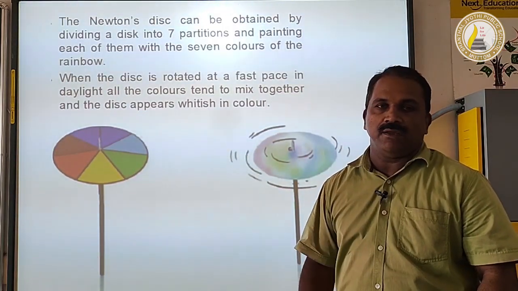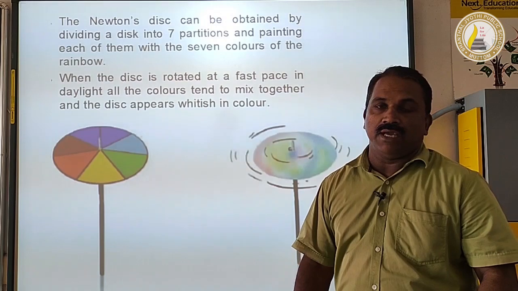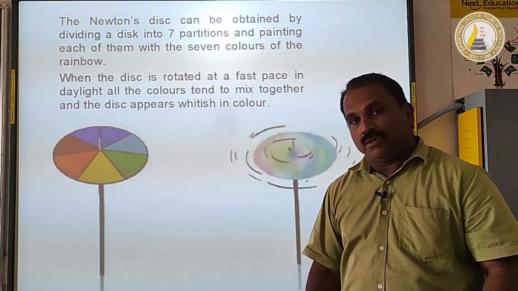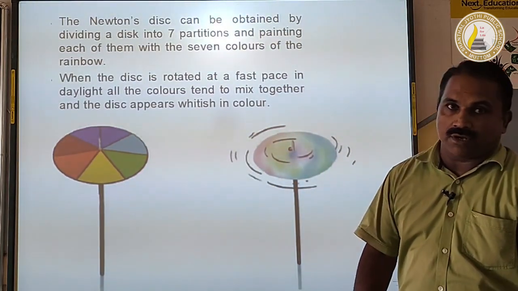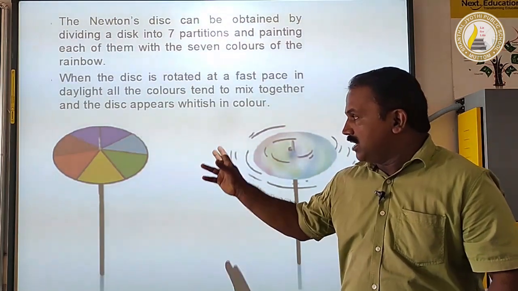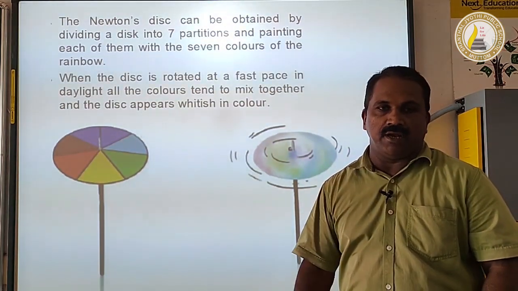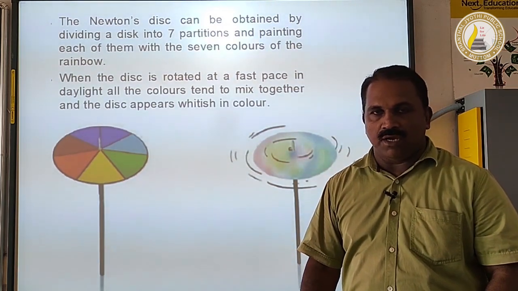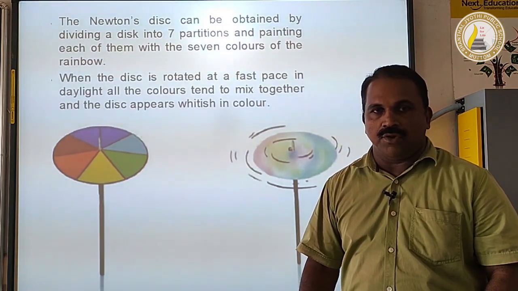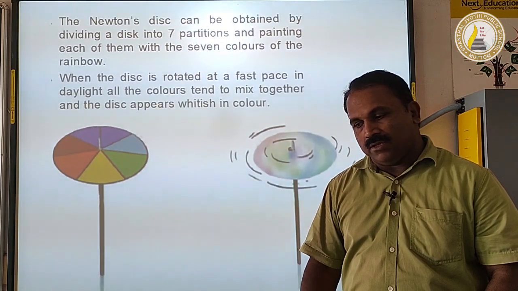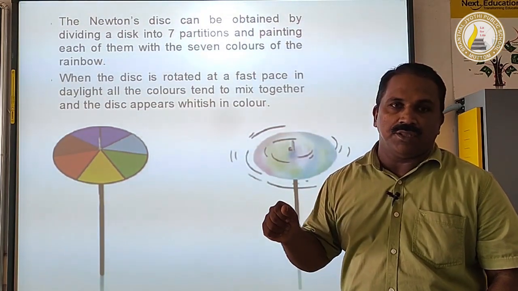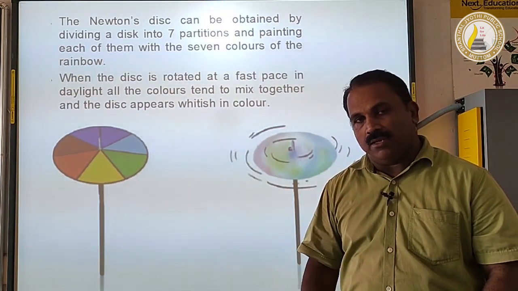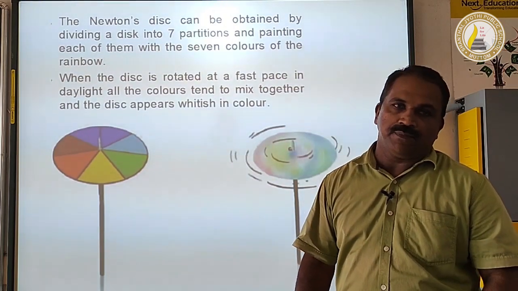Then from there the eyes get the signal, so that we can see only the white color, because when it rotates very fast, all the colors are stored together in our brain, so it looks like a white color.